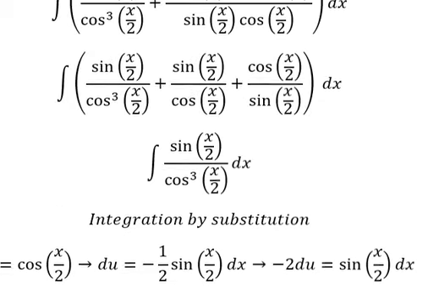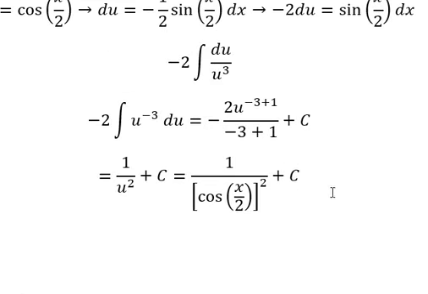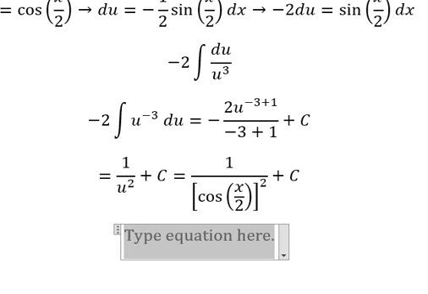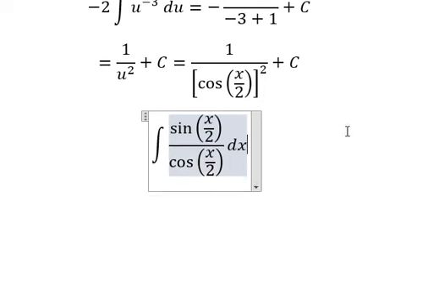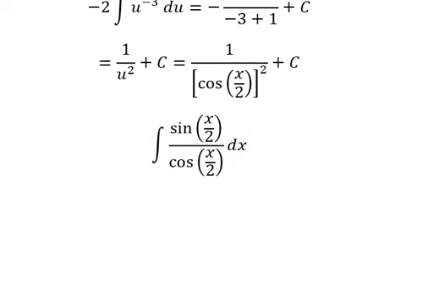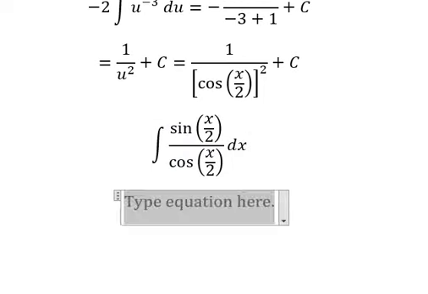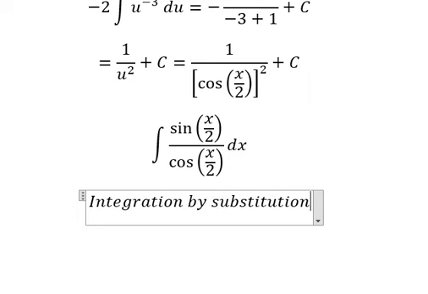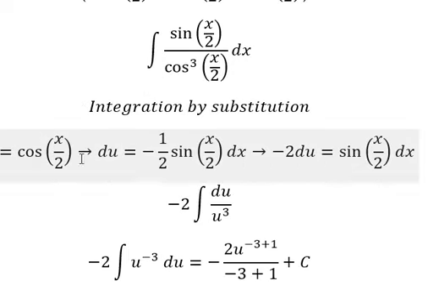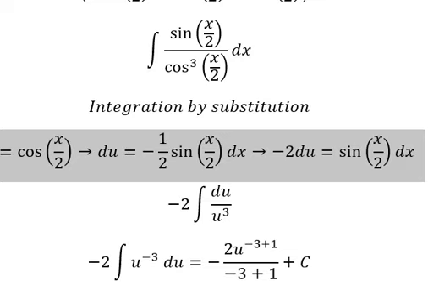So the next one, we can use integration by substitution. And this one that is similar in here.